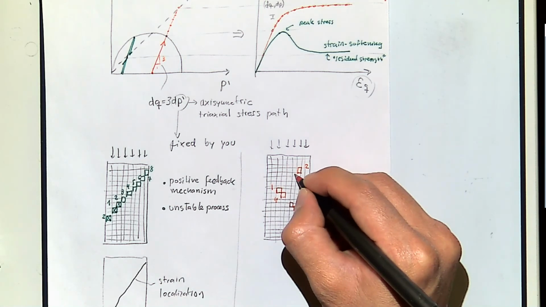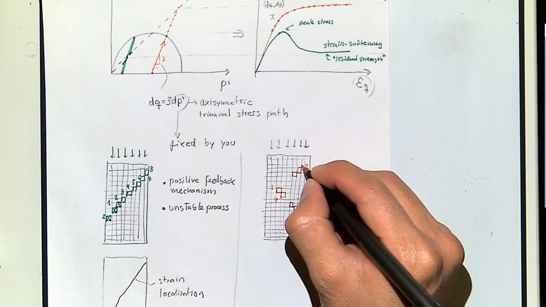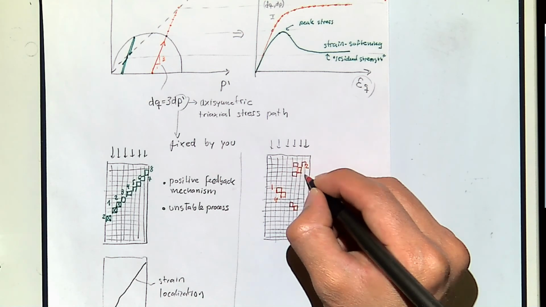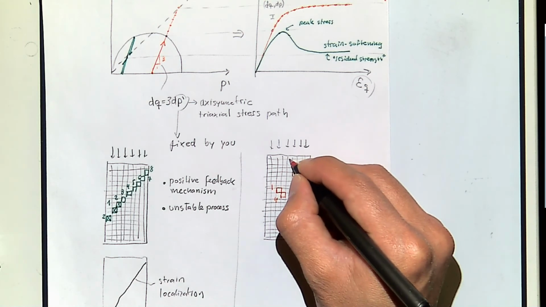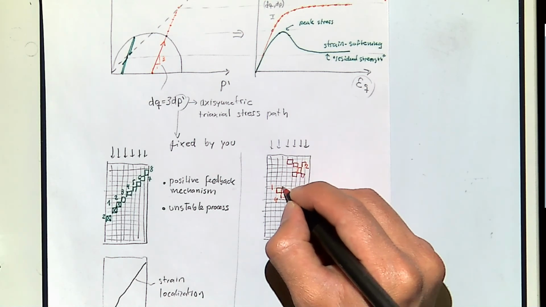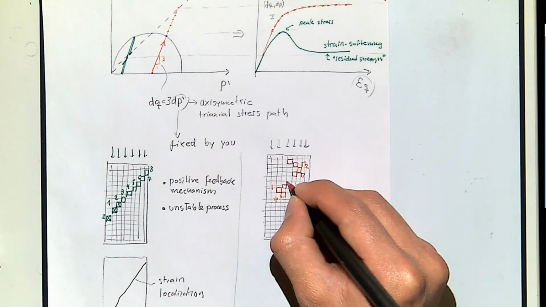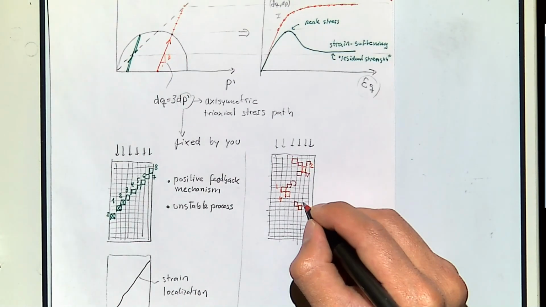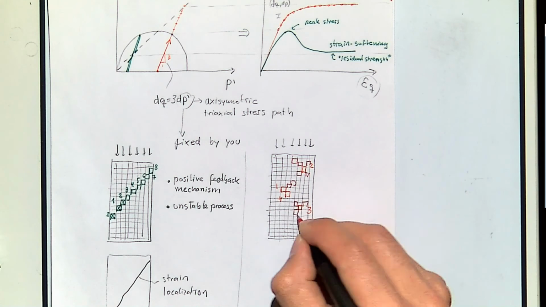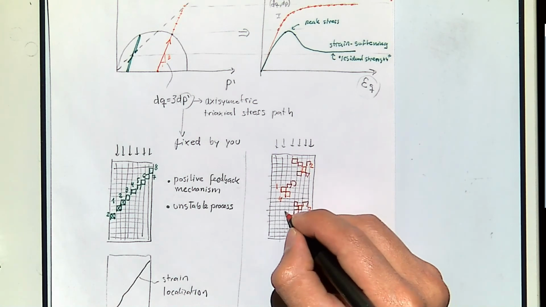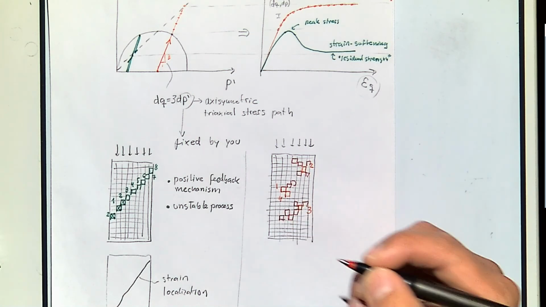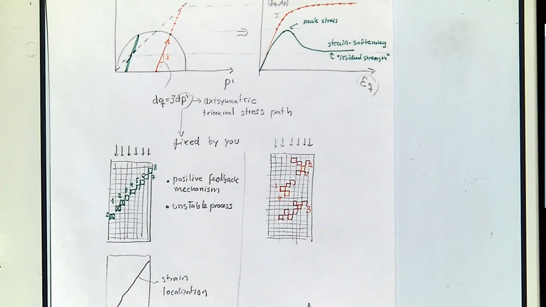And as a result, you're going to have a diffused failure which is not going to be localized, but is going to be distributed all over the material.